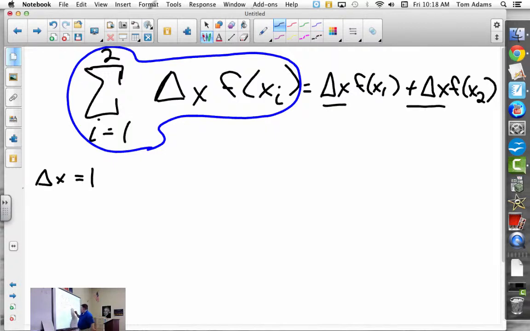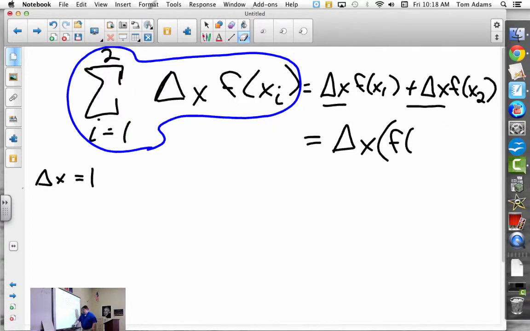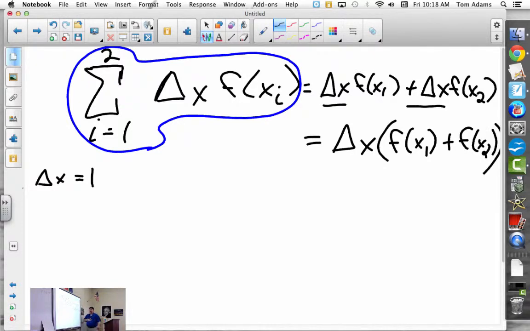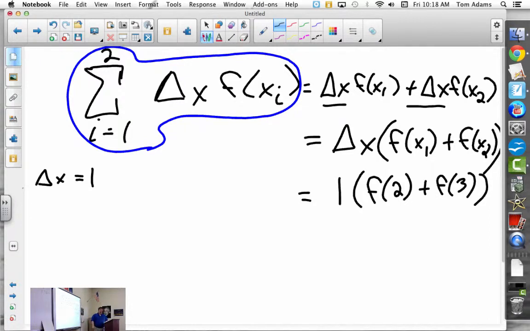Could I rewrite that as delta x times the quantity f of x sub 1 plus f of x sub 2? Yes, you could. So delta x was 1, and then we have f of 2 plus f of 3.